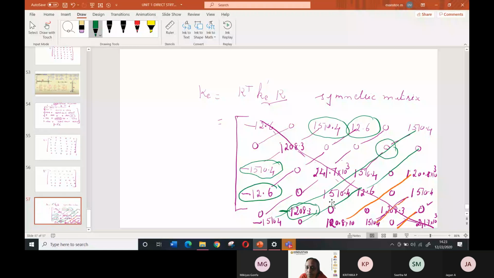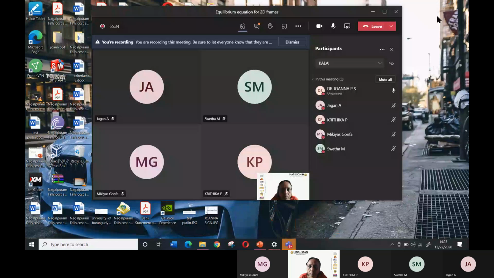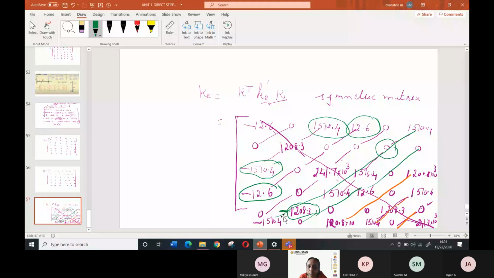Check it. So in the examination, what I will ask is to find out the stiffness matrix in the global direction.